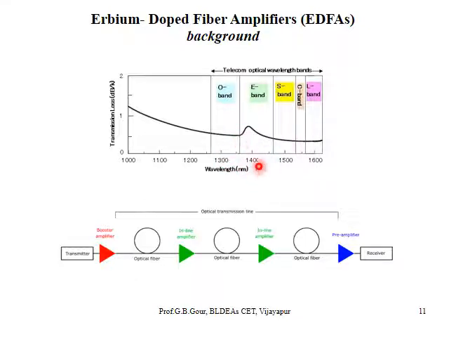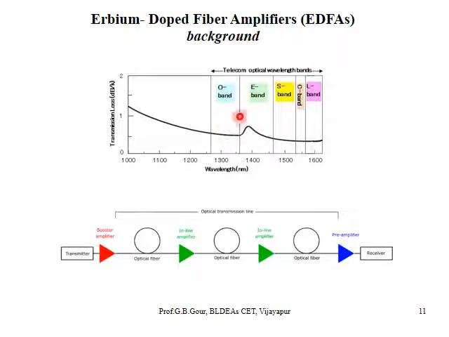So the EDFA is not suitable to be used in the E band of the telecom optical wavelength bands. Otherwise, the curve should be expected to keep decreasing like an exponential curve.